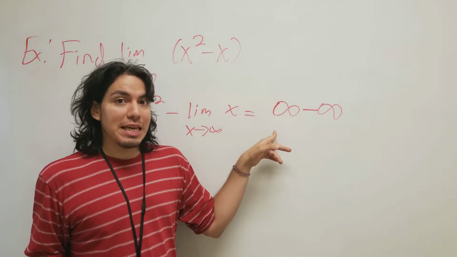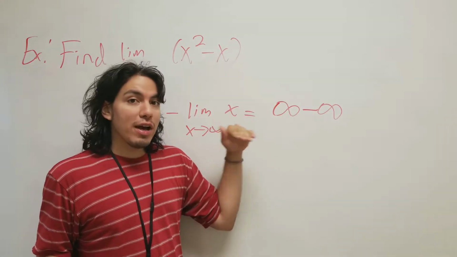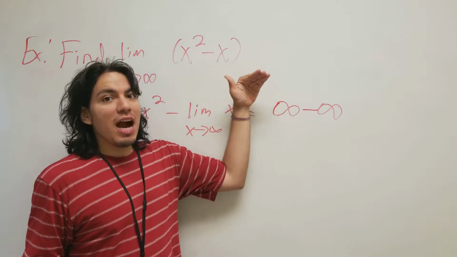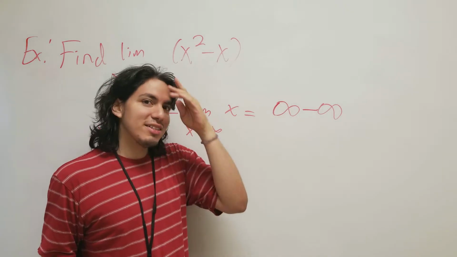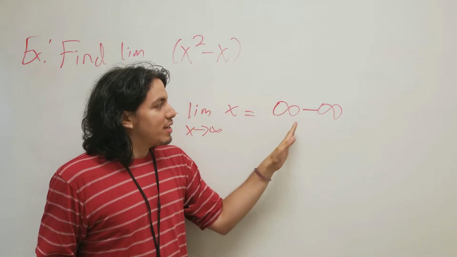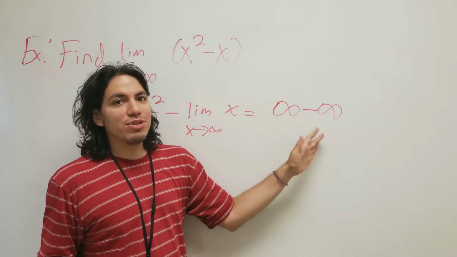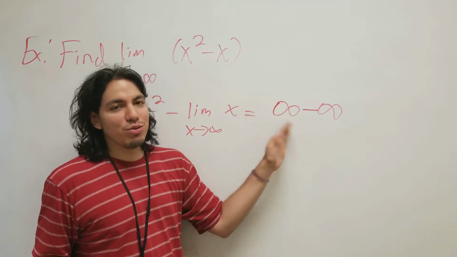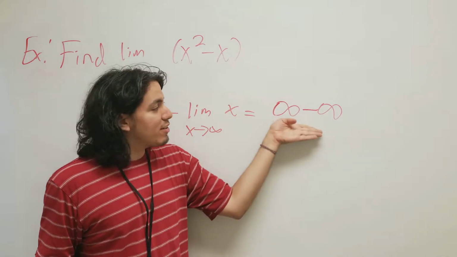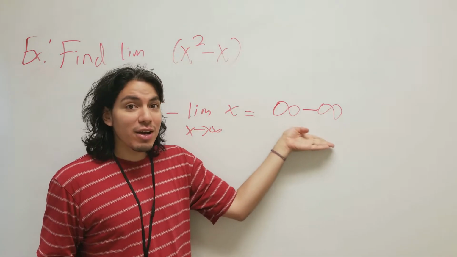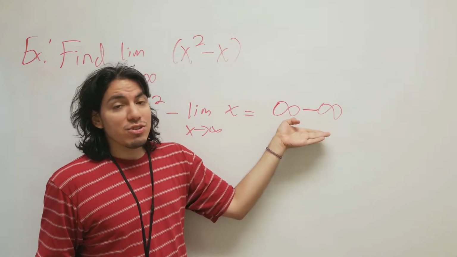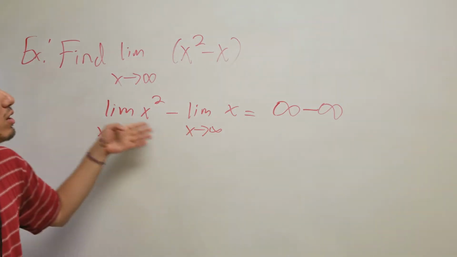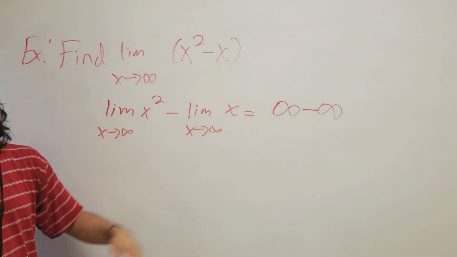This is just a representation of numbers forever getting large. How can you deduct that by something that's getting infinitely large? You can't just cancel these two out and say, oh, these two are going to cancel. This here is undefined. You can't define what's going on here. So that's why you cannot use the limit laws for this case.